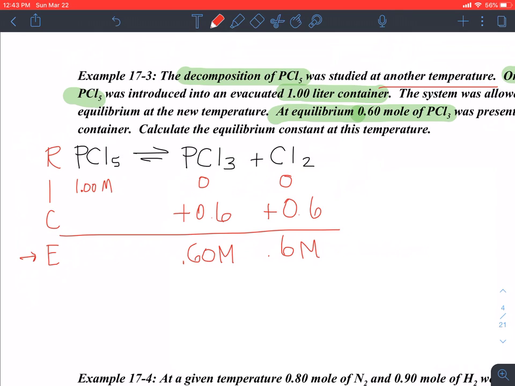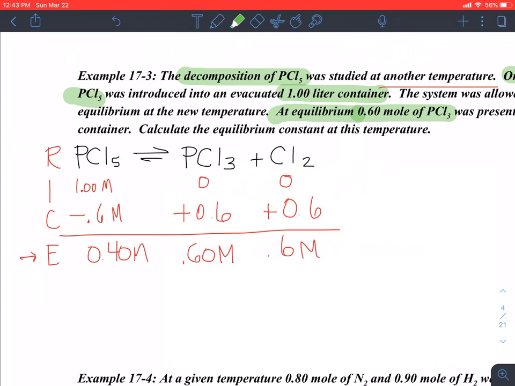We need to know how much PCl5 was used. Well, once again, since this is a 1 to 1 to 1, we know that we used 0.6 molar of that. And so at equilibrium, how much PCl5 do we have left over? Well, you do the subtraction, so it's 0.4.